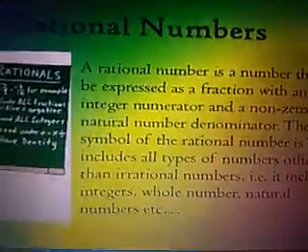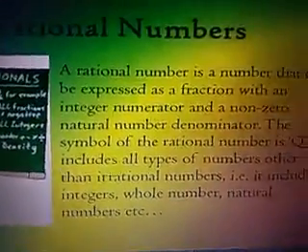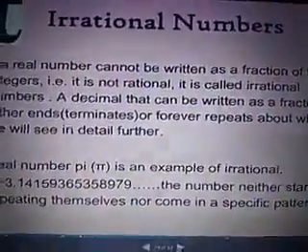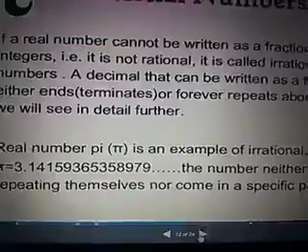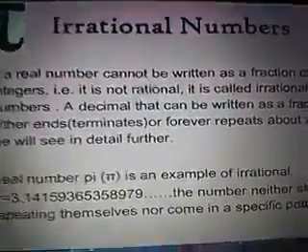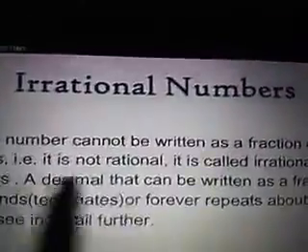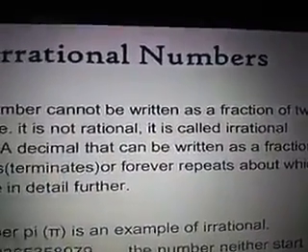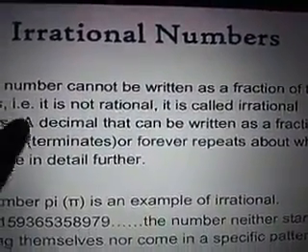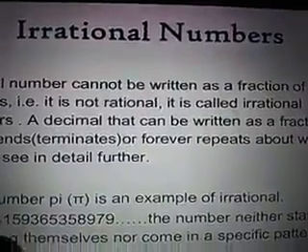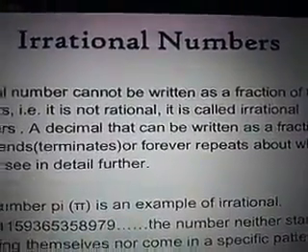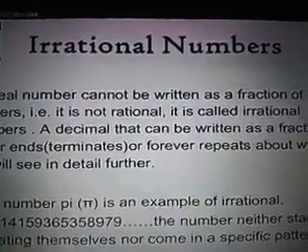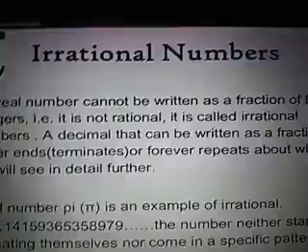This is the thing which can be expressed in the form of p upon q, where q is not equal to 0. And the irrational number, as we have studied, is this: if a real number cannot be written as a fraction of two integers, it is not rational, it is called irrational. As a decimal representation, we can say that an irrational number is a number which is non-repeating and non-terminating.